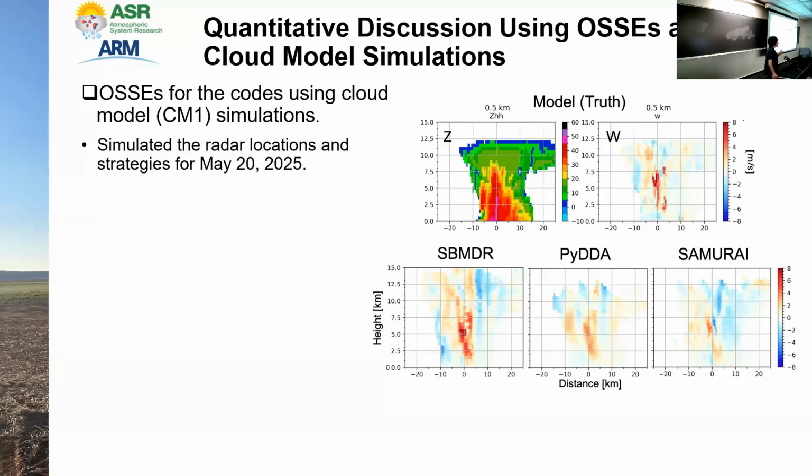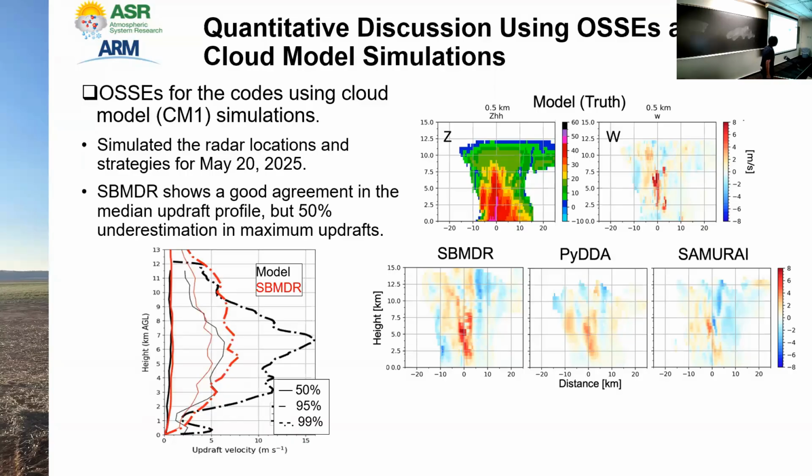Each code is very complicated, including many parameters that we have to choose depending on the case and the radar data. I found that the big source is the smoothness for PyDDA, but not only that one. How many radars do you use in this? Two radars here.